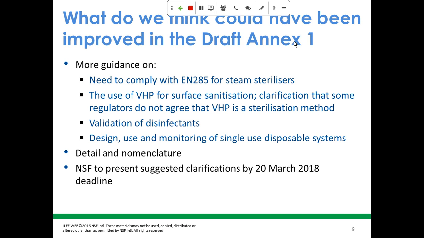We also felt with the prevalence now of single-use disposable systems, there ought to be some guidance on the design, use and monitoring of single-use disposable systems within sterile production units. There was also some detail and nomenclature that could be clarified, and ultimately NSF are going to suggest those clarifications to the agency by the deadline of 20th of March.